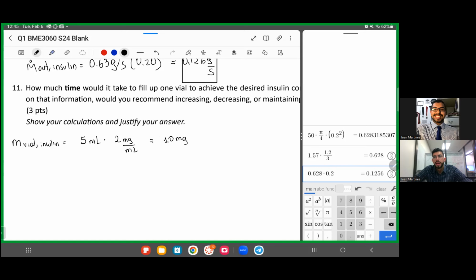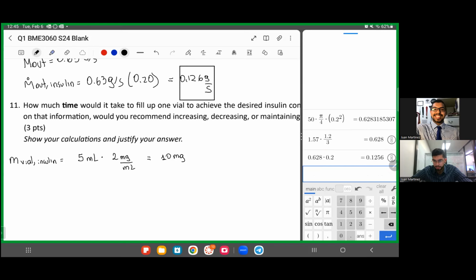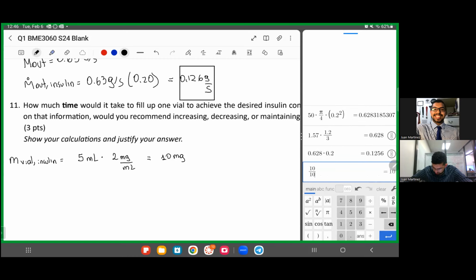But based on the other parameters, like the mass out, we want to get this into grams. So 1 milligram is a thousandth of a gram. What I know is that 10 milligrams is 0.01 grams, so it's 10 divided by 1,000.